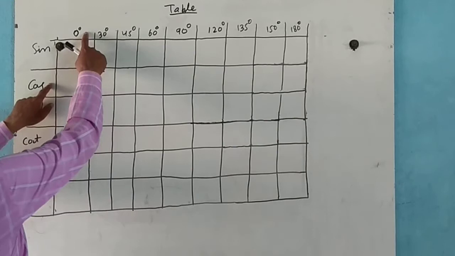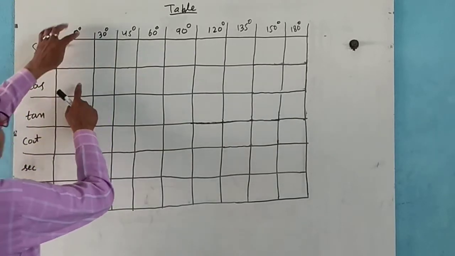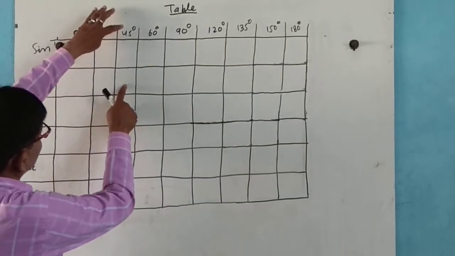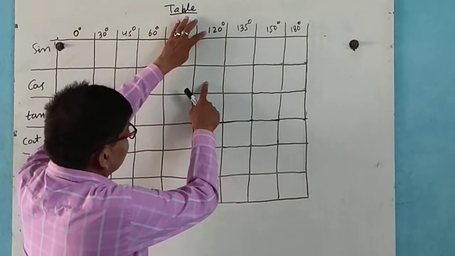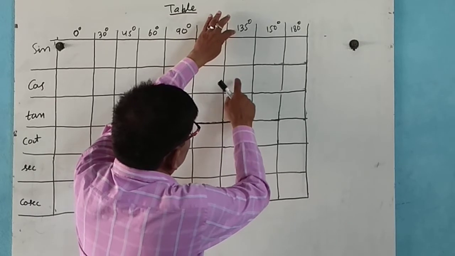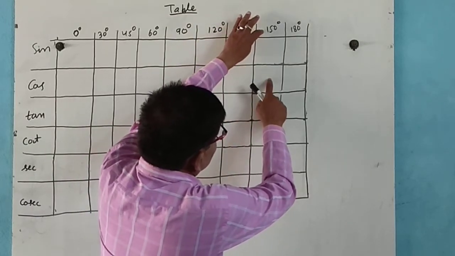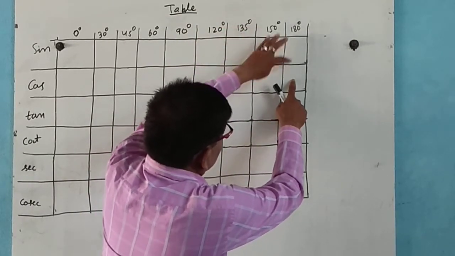Cos 0 degree, cos 30 degree, cos 45 degree, cos 60 degree, cos 90 degree, cos 120 degree, cos 135 degree, cos 150 degree, cos 180 degree.